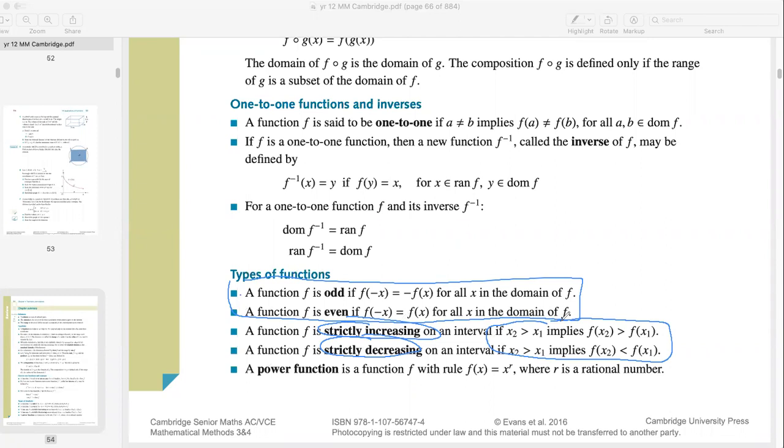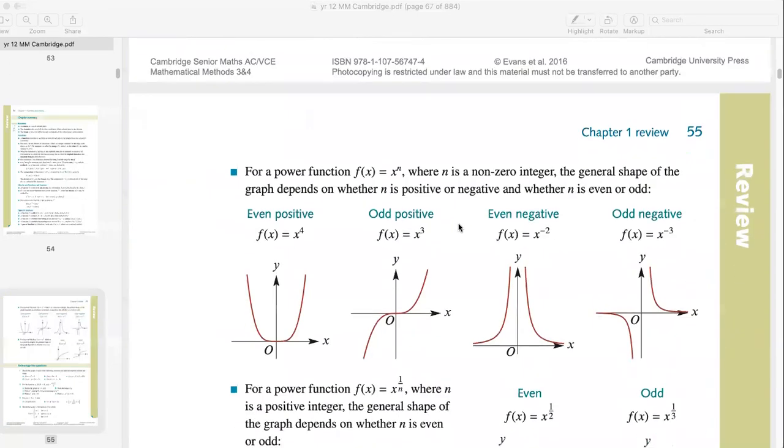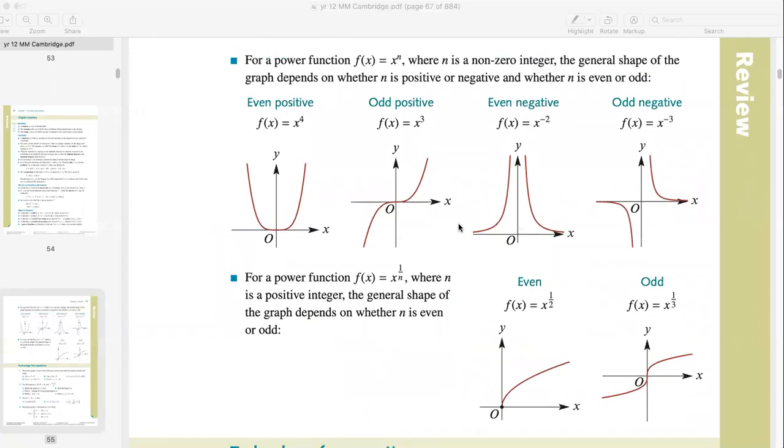The concept we have is this: if my x2 is greater than x1 and always f(x2) is greater than f(x1), it's strictly increasing. Otherwise, if x2 is greater than x1 and f(x2) is less than f(x1), it means strictly decreasing. Okay, so that would be most of it.